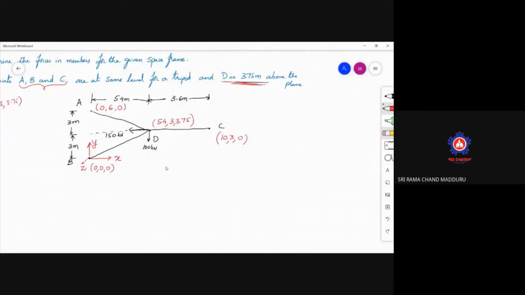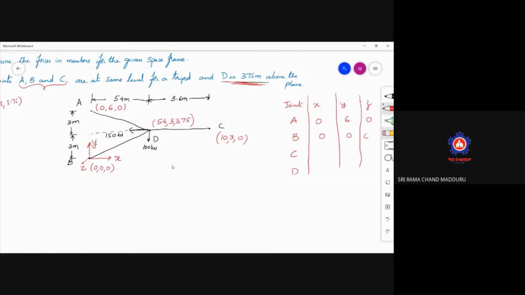So this is joint A, B, C, and D. Now, this is X, Y, Z. At A, 0, 6, 0.